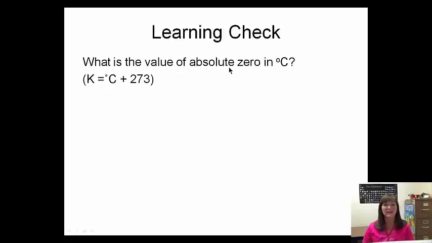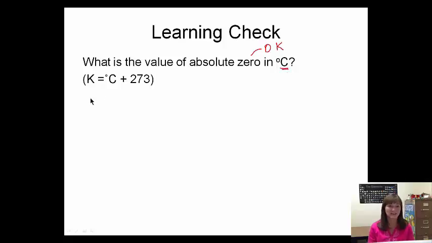So what is the value of absolute zero in degrees Celsius? I'll get my pen for this. So using our formula, absolute zero we said was 0 Kelvin. Notice they don't use a degree symbol for Kelvin. They put that little degree symbol for Celsius and Fahrenheit, but not for Kelvin. So they want us to convert 0 Kelvin into degrees Celsius.